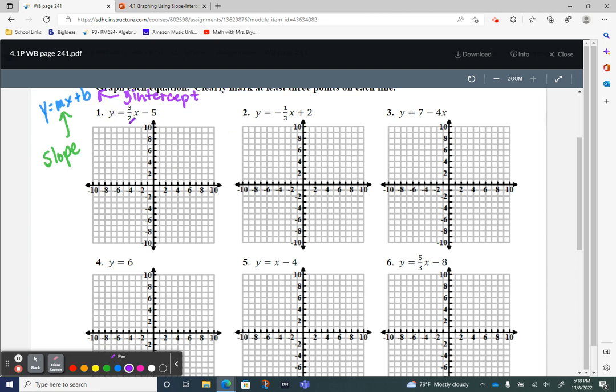So y equals m, there's our slope, x plus b. Do you notice how this is negative? So that means our y-intercept is negative 5. We're going to drop to negative 5, put our point. Then we're going to use our slope. Our slope was rise 3, run 2. So count up 1, 2, 3, and run 1, 2. There's our next point. 1, 2, 3, rise, 1, 2. There's our next point. And then we have our line that we put our arrows on either end.